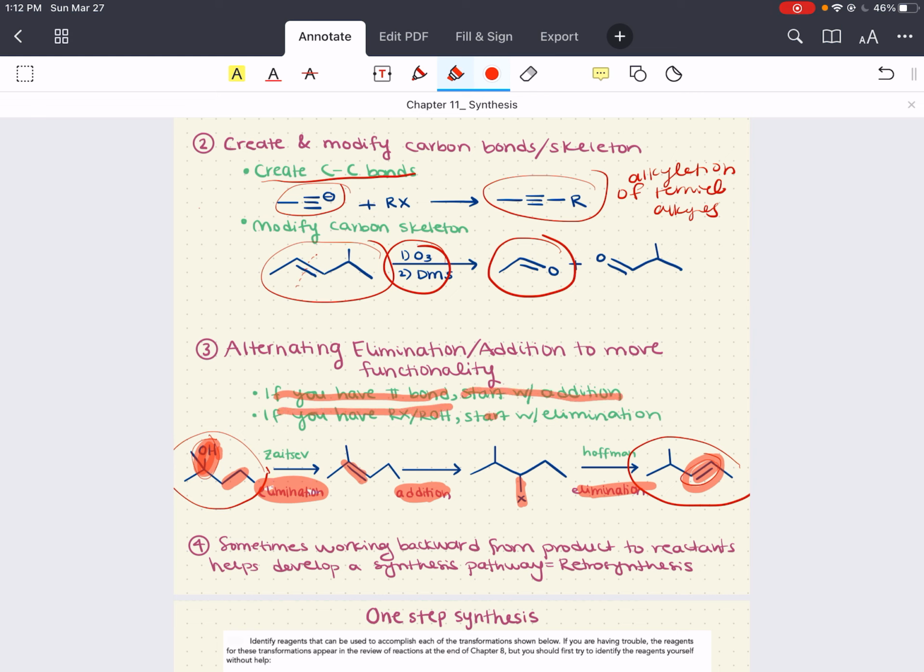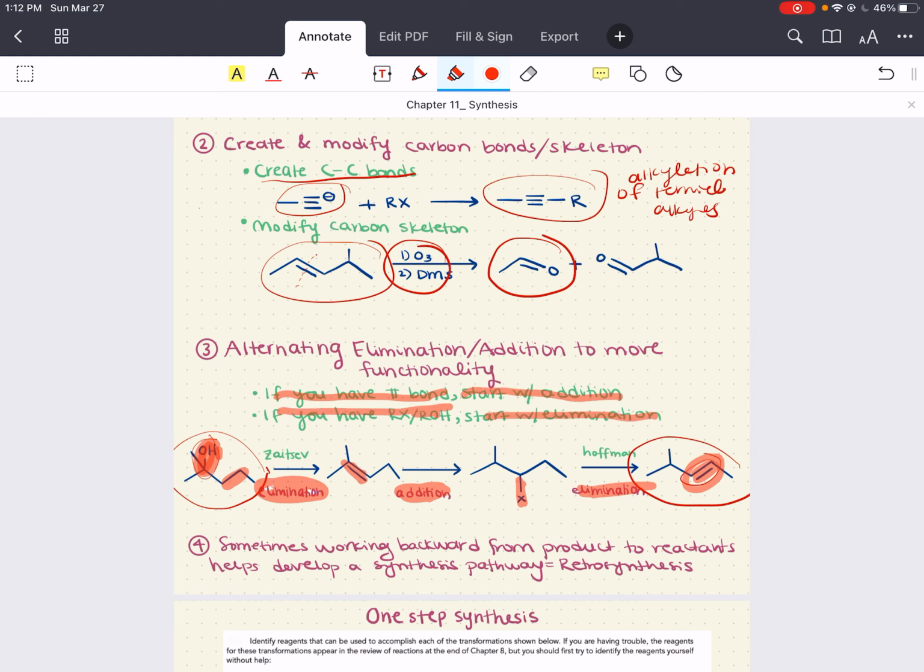If you have a leaving group, you start off with elimination. So if you're trying to move functionality, whether it's a double bond or a leaving group, take advantage of the alternating addition elimination steps to accomplish that. And of course, we're going to take a look at that and see what that means in some practice problems.